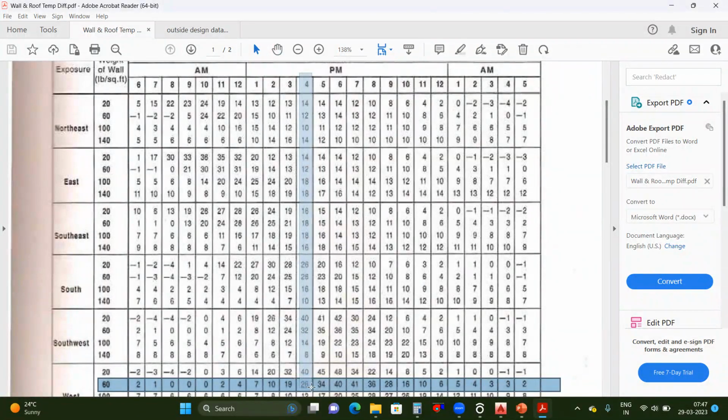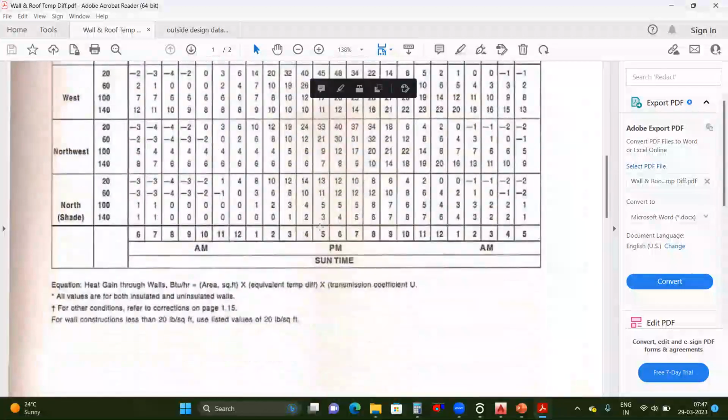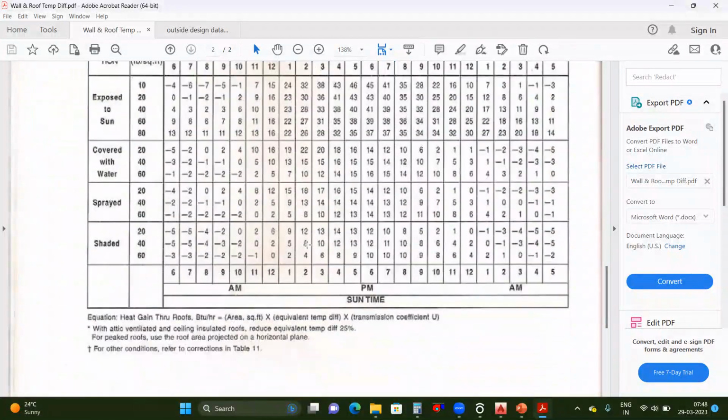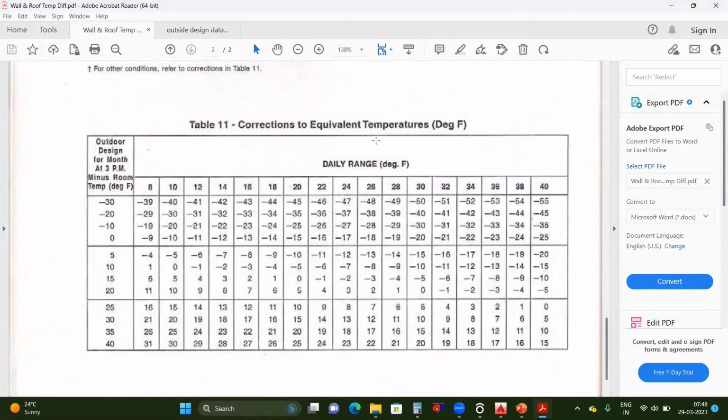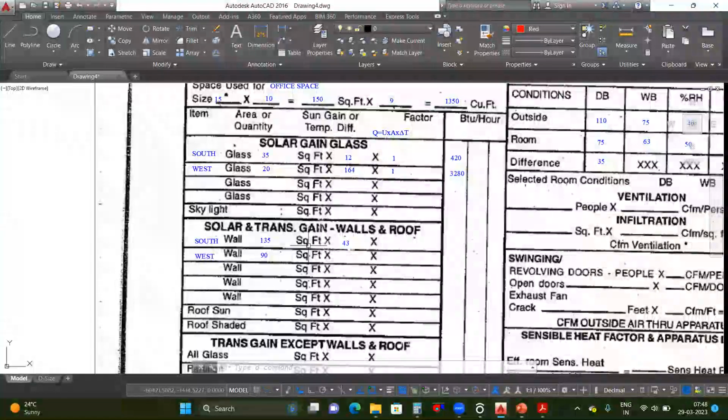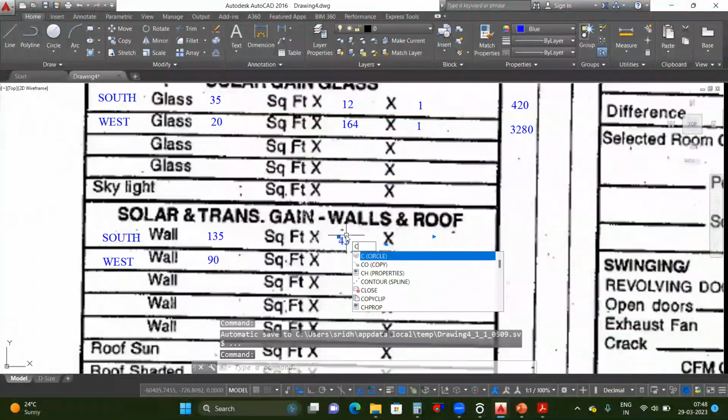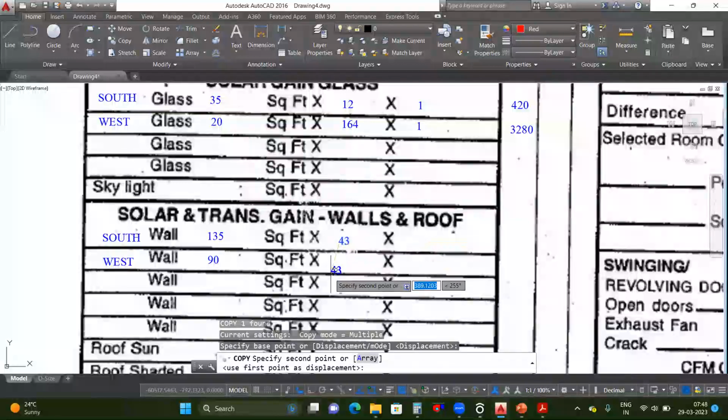So we need to select 26. Here also we need to add a correction factor, so we'll go to the correction factor table. That is 26, and this one is 35. We already saw 35 and the daily range 26. So that is 17. So 26 plus 17, the same value we got for the south side, we will get here. So we'll copy this 40.